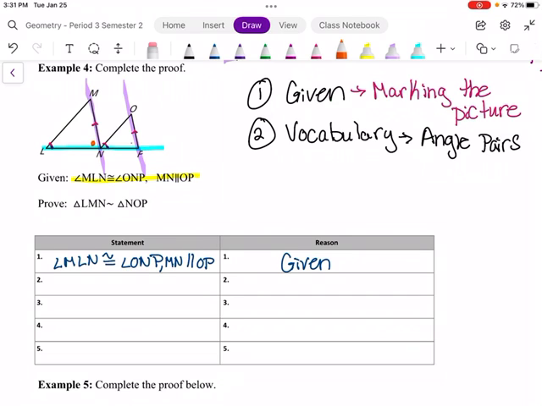When we name those, we're going to name it angle MNL is congruent to angle OPN. We know they are congruent because of the parallel lines. Parallel lines imply that corresponding angles are congruent, and those would be an example of corresponding angles.